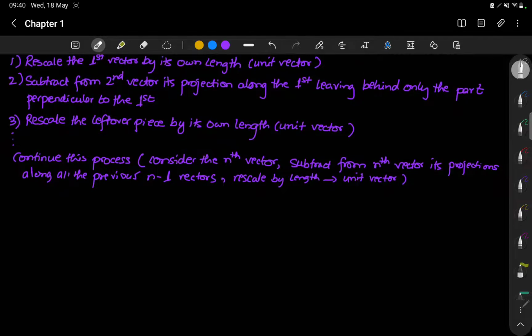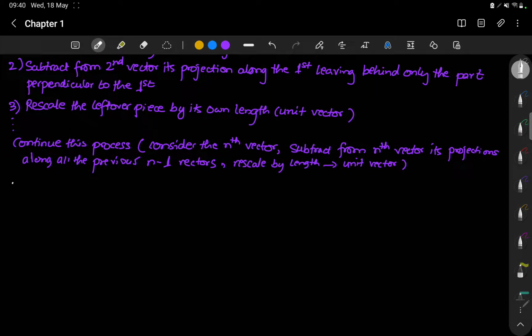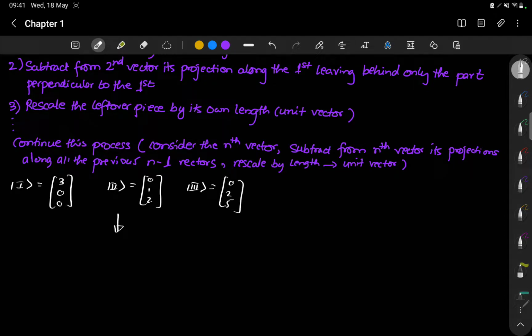So let me write it down clearly for you. So we have this vector as 3, 0, 0. Then we have the second vector 0, 1, 2. This is the vector set that we are given. And then we need to go from here to the following.